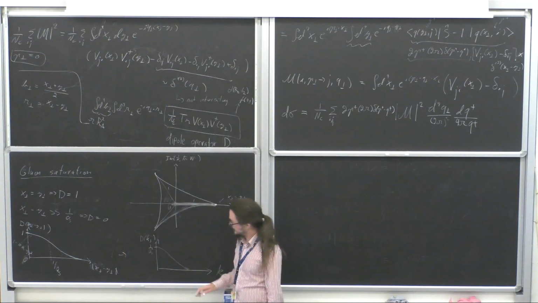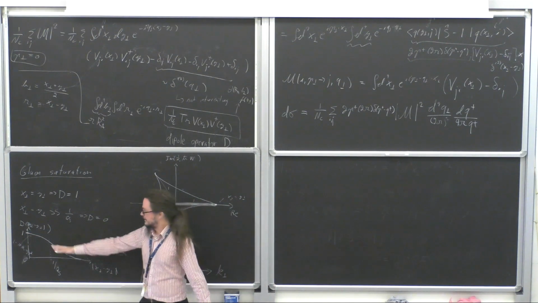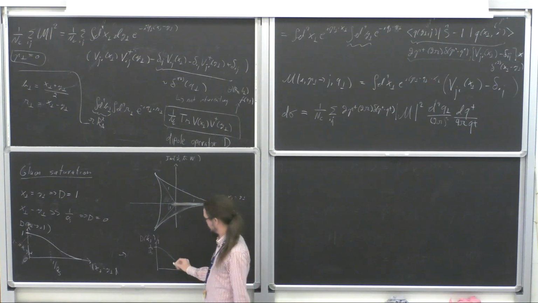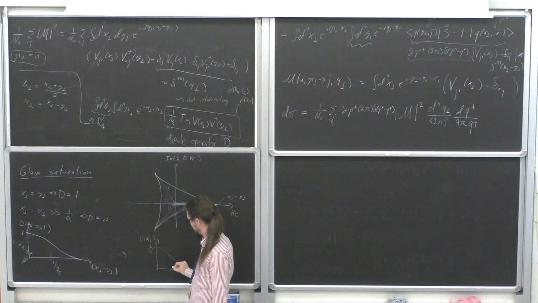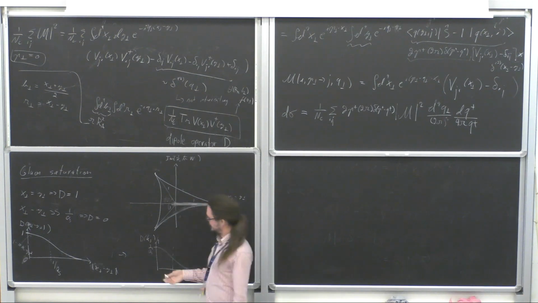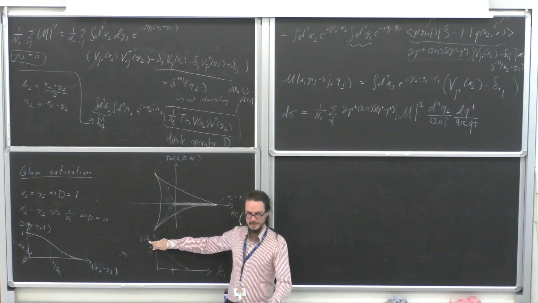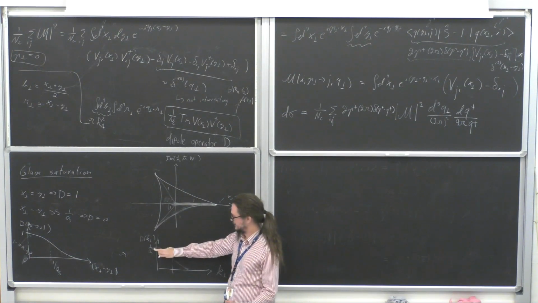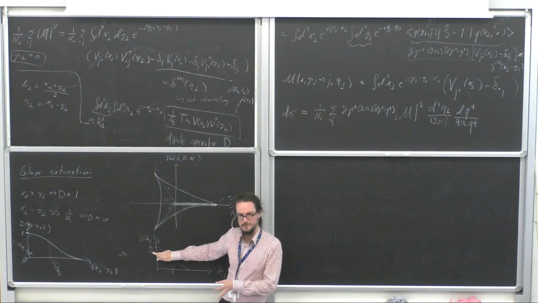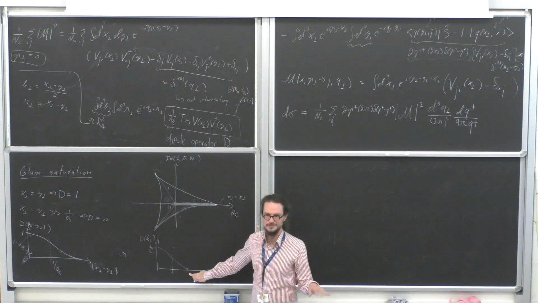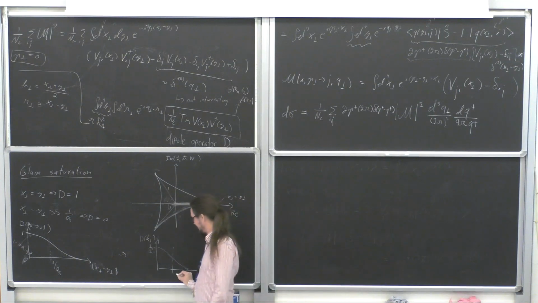But what remains the case is that if I have a characteristic scale in coordinate space, the Fourier transform will also have some characteristic scale. The momentum space expression will go from being of the order of 1 over Qs squared to being of the order of 0, or much less than this, at the same scale.